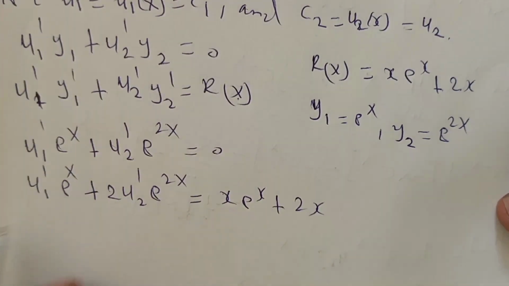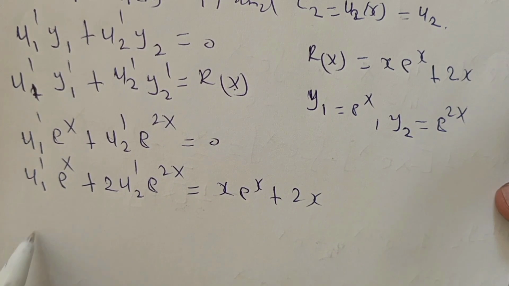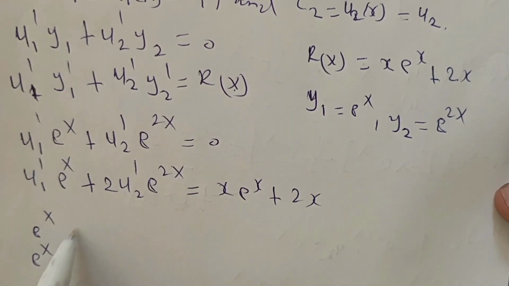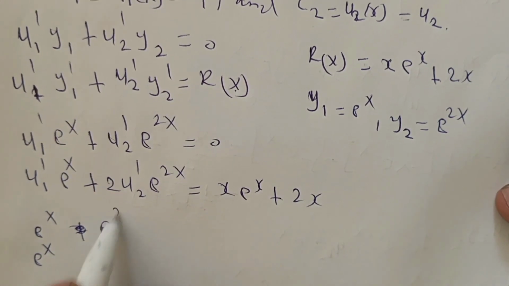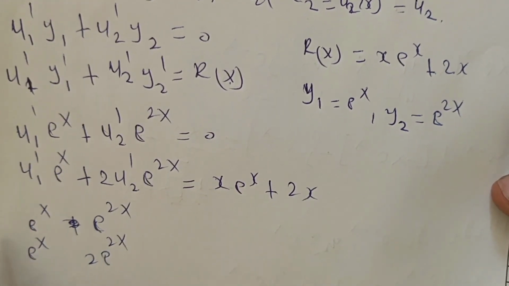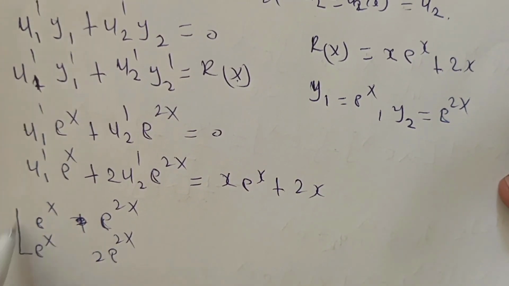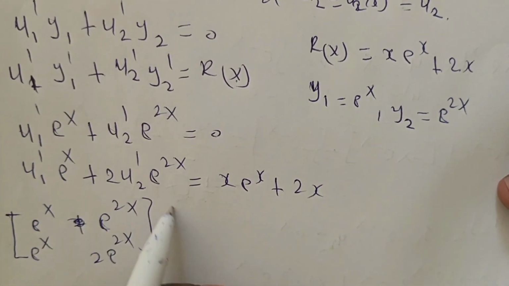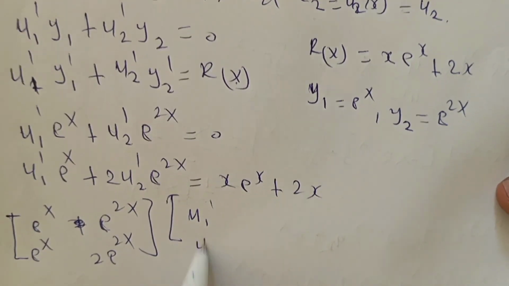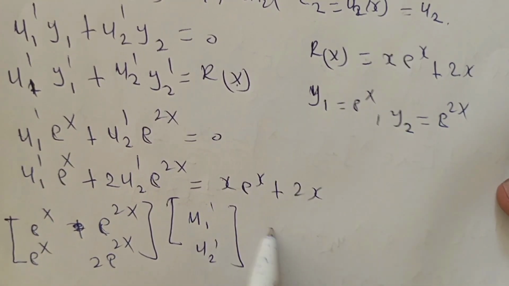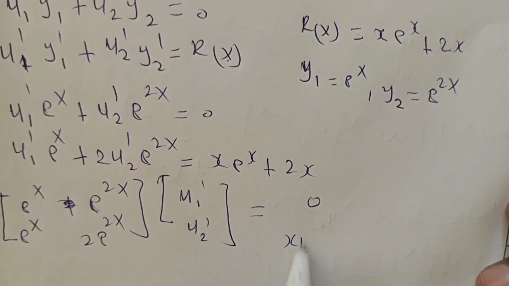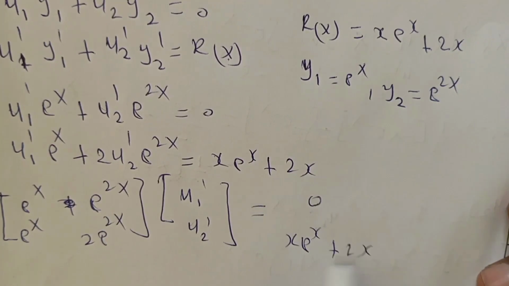Then from linear algebra, we can rewrite this in terms of a matrix: exponential x, exponential 2x, exponential x, 2 exponential 2x, multiplying u1 prime, u2 prime, which is equal to 0, x exponential x plus 2x.